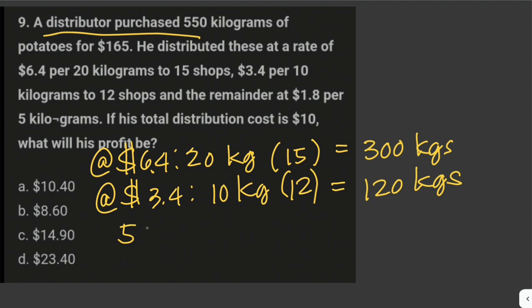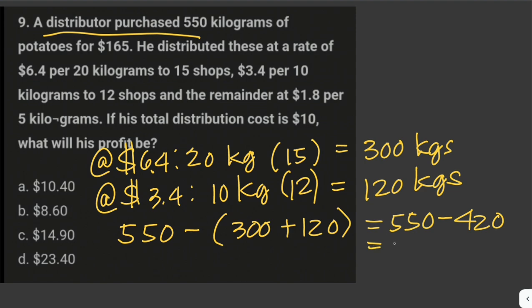So we subtract those from what the distributor purchased. It is 550 minus 300 plus 120 kilograms. So this is just 550 minus 420. Then there are 130 kilograms left.